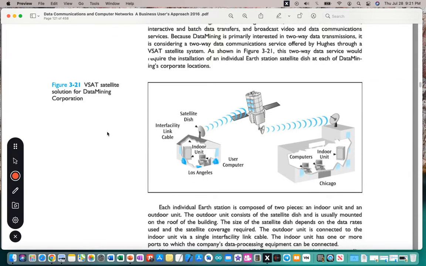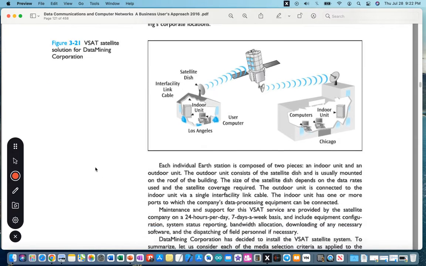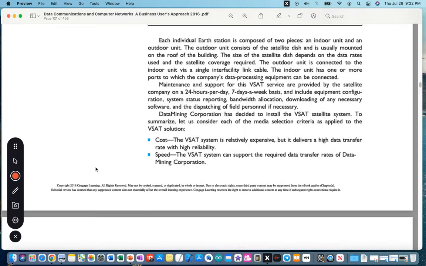And this is the first example: VSAT satellite system for a data mining corporation. So this is for a satellite dish and satellite, and talking to this headquarters or whatever company in one of the states. Yeah, just like that, because it's far away.